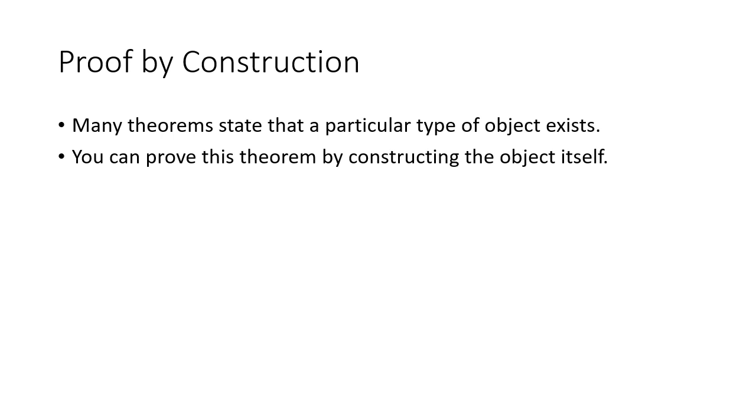You'll notice here I'm using the word "exists" rather than the symbol. Let's look at an example of a proof by construction. This is a forward-looking example, which means it may not make total sense what everything in it means quite yet, but that's okay.